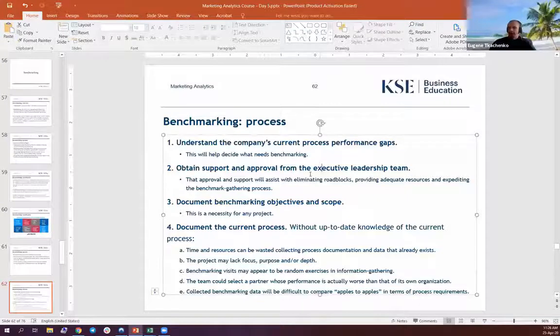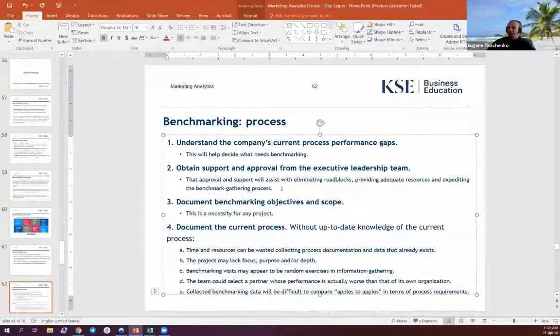So once we have the initial list of ideas we need to tackle, we would need to get the approval from the executive leadership team or the stakeholders who are in charge of making those calls. Because if we are working with very large and very important benchmarks in terms of impact, those benchmarks should be used across the organization. So they require support and approval from the leadership team.